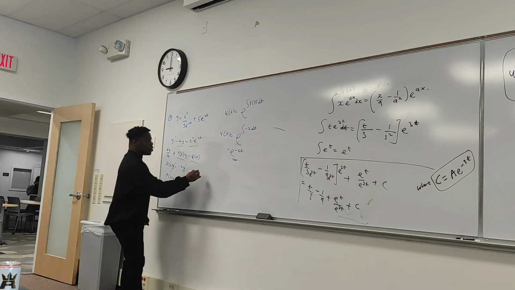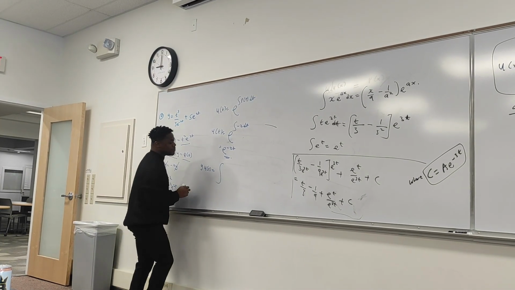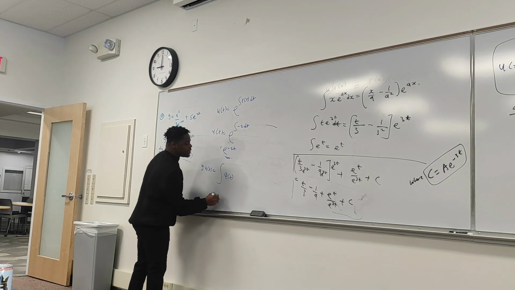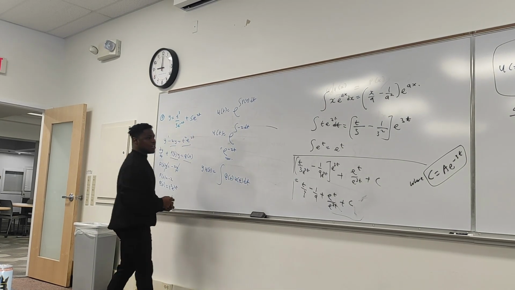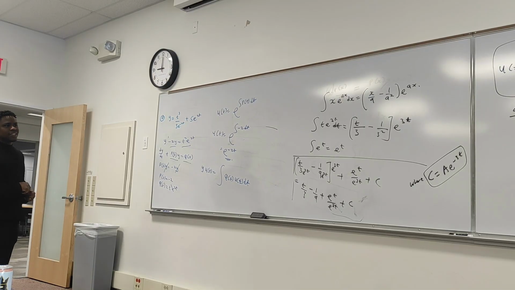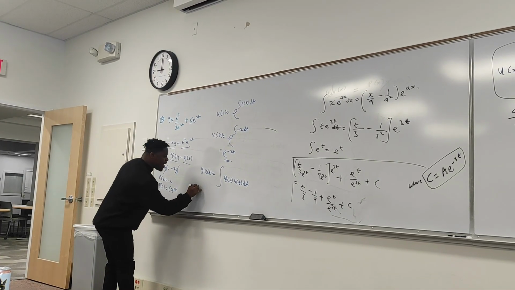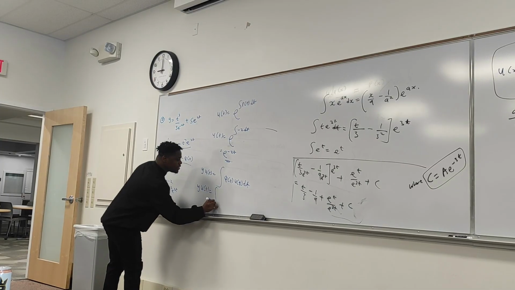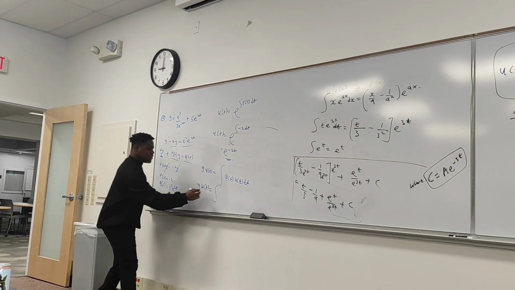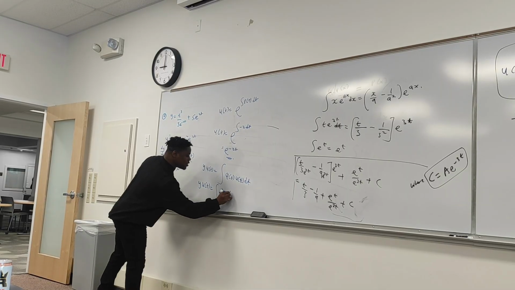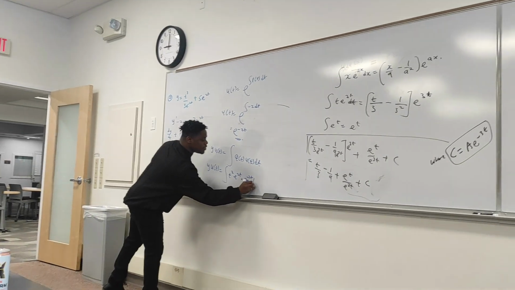Then our solution, y u of t, is integral q of t u of t dt. Right? Did I miss anything? Yes, that's it. So y u of t becomes integral q of t, which is this guy here, t squared e^(2t), multiplied by u of t, which is e^(-2t), dt.